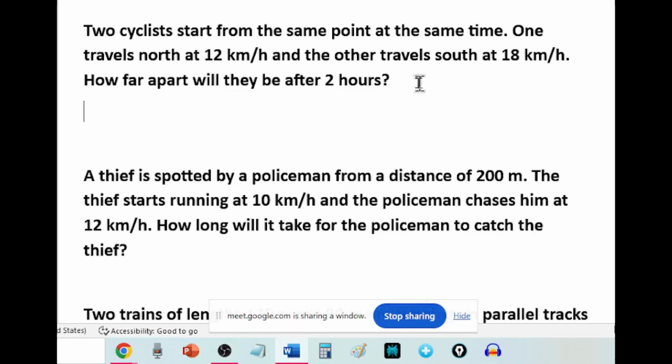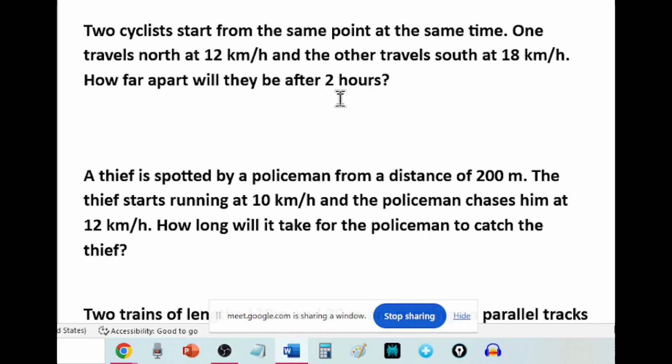So one is going north and one is going south. Are they going in same direction or opposite direction? Opposite direction. So they will be separating.